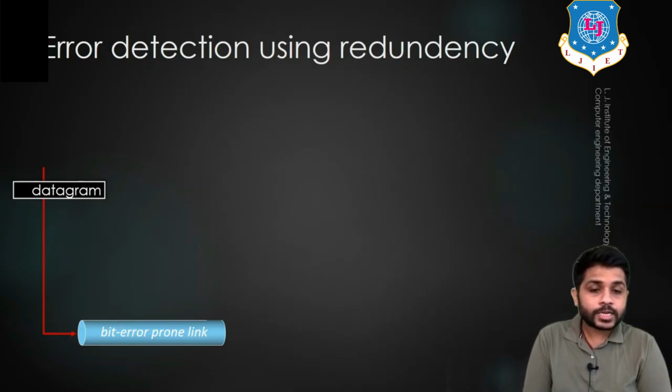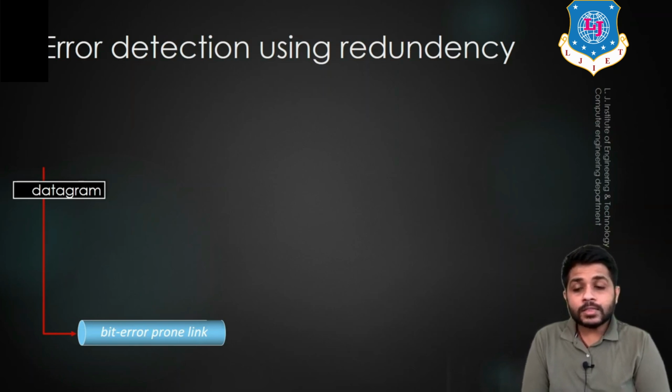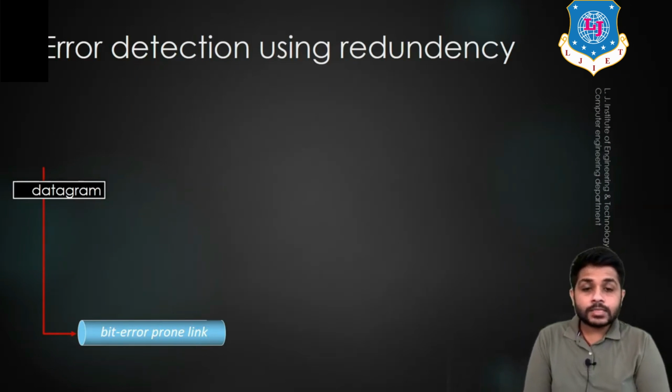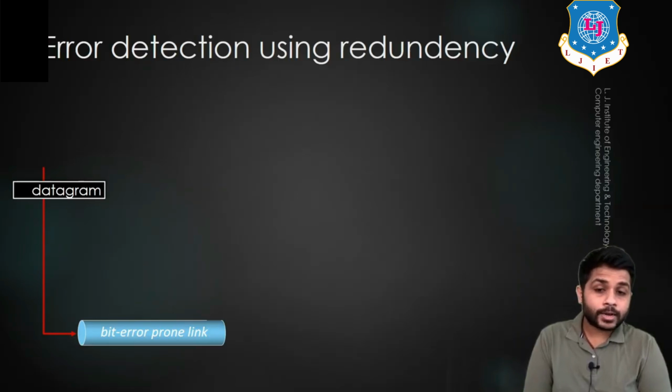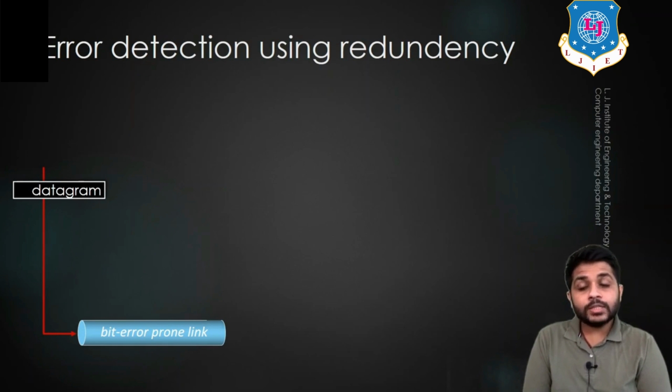Now why is this extra data needed? It is needed because when this whole data, the 8 bit data and the extra data, is received by the receiver, the receiver will be able to check using the extra data whether the original data contains any error or not.